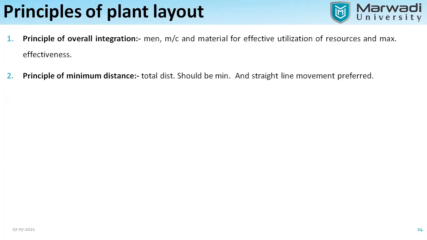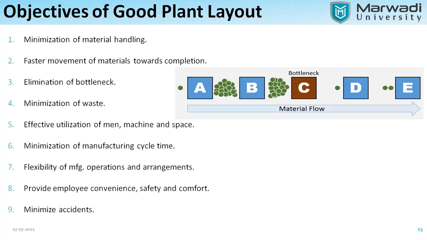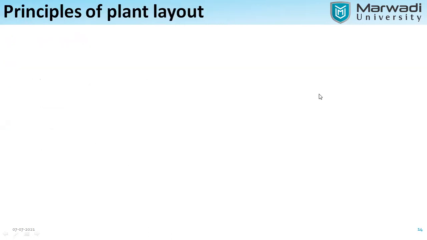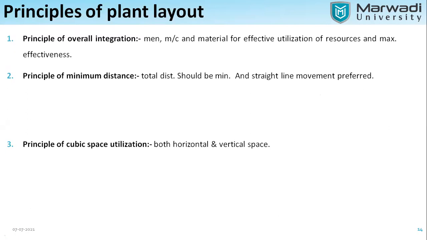The principle of minimum distance: total distance should be the minimum and straight line movement will be preferred. Like the previous slide, this is a straight line mechanism where all the things are done in a linear way, so your activities are performed efficiently in this system.